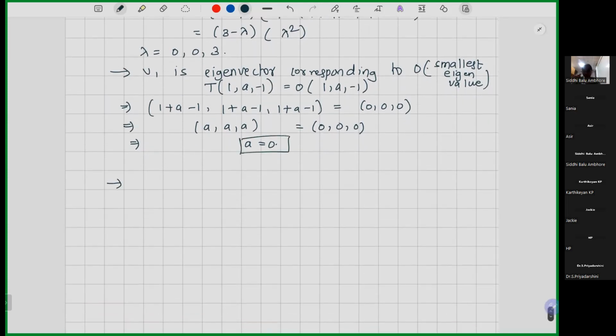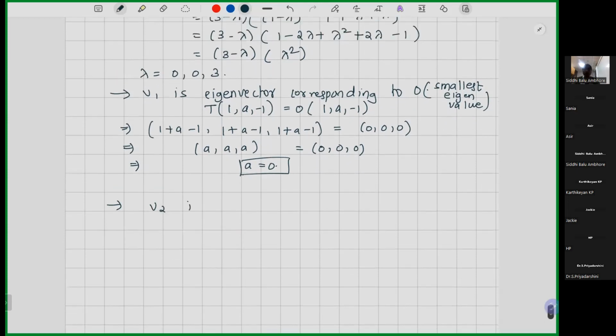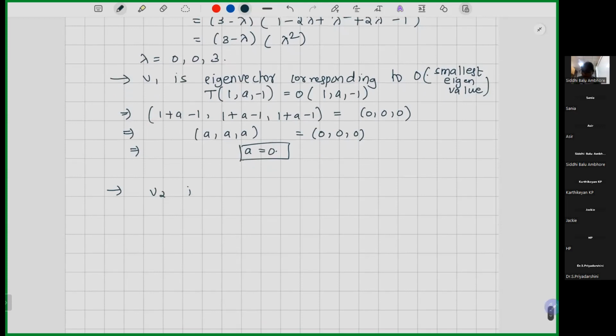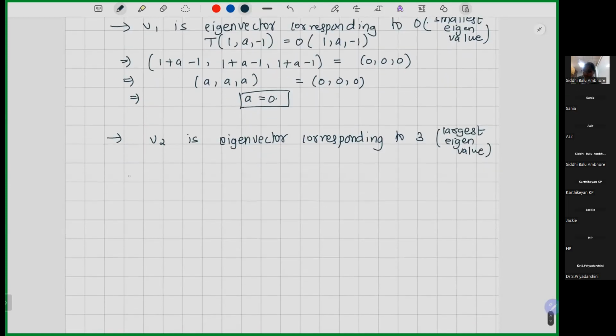Now I need to find V2. Since V2 was the eigenvector corresponding to the largest eigenvalue, and the largest eigenvalue here is 3, V2 is the eigenvector corresponding to 3, that is the largest eigenvalue. Okay.